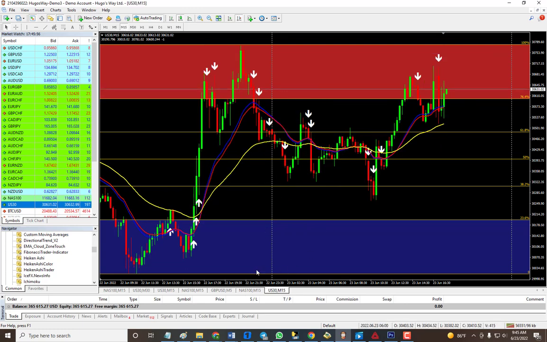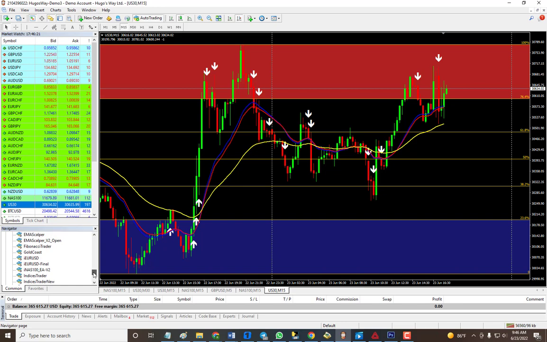You can use this on pairs and on indices, and you just find the time frame and the configuration that you like. Once you find that, and this comes with the EA as well, you find the settings that work best for you and your desired take profit and stop loss, and you can use the EA.